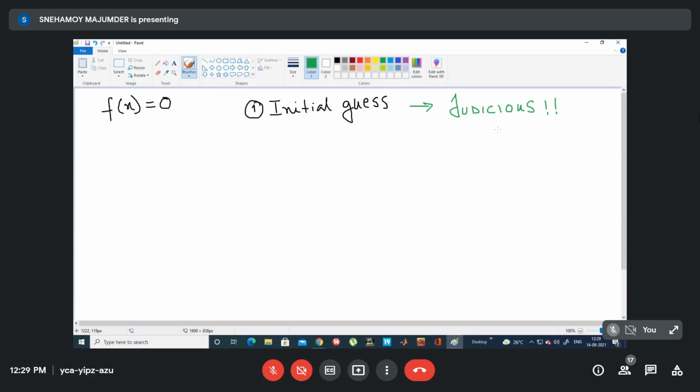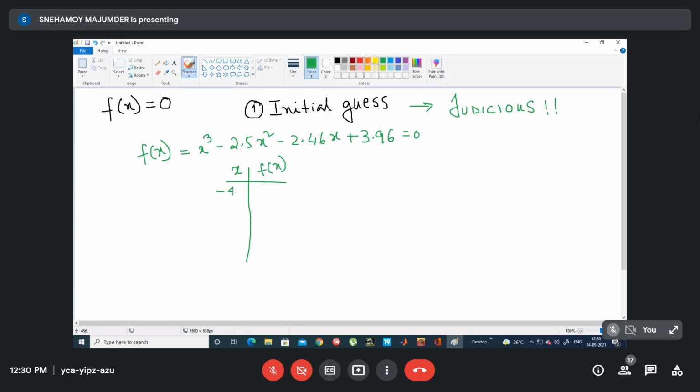So what to do? The best way of guessing is simply to tabulate x and f(x).